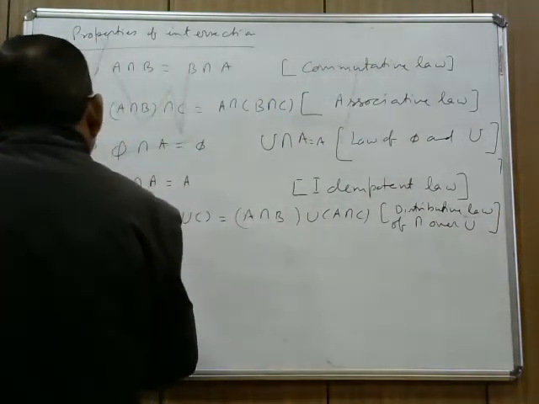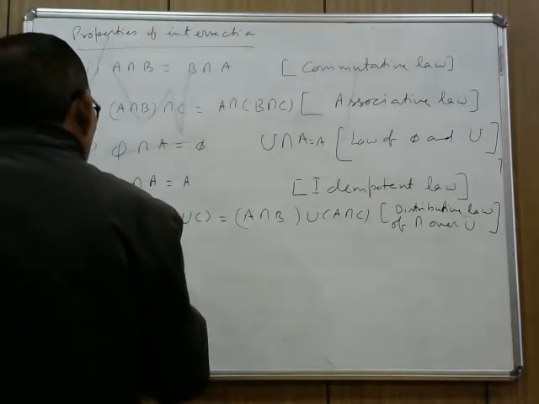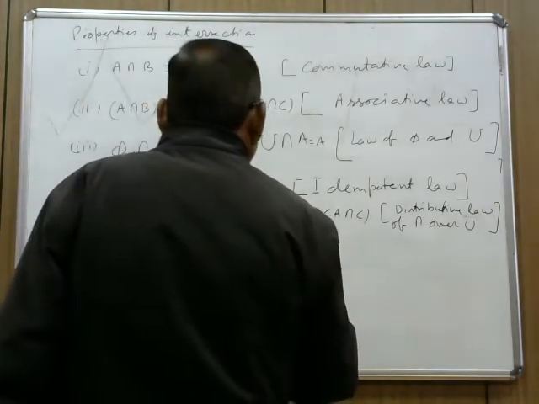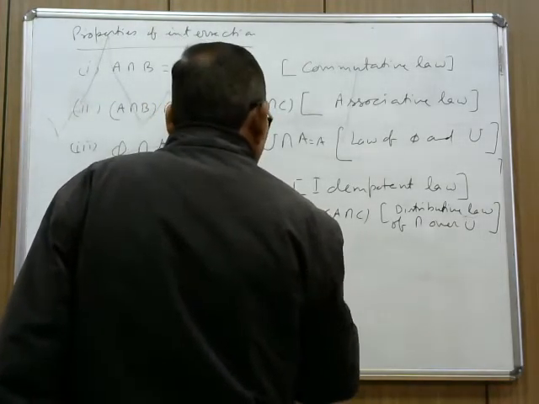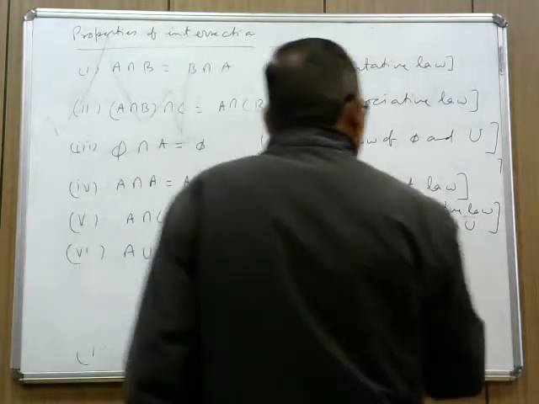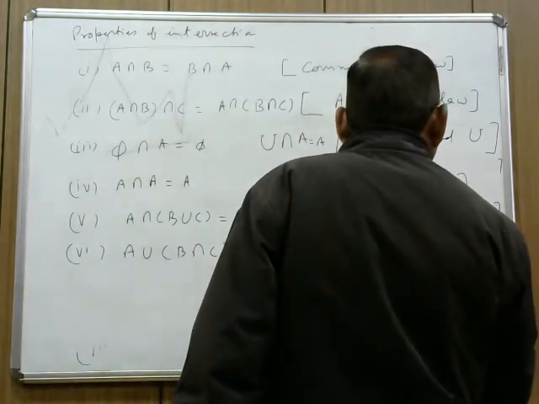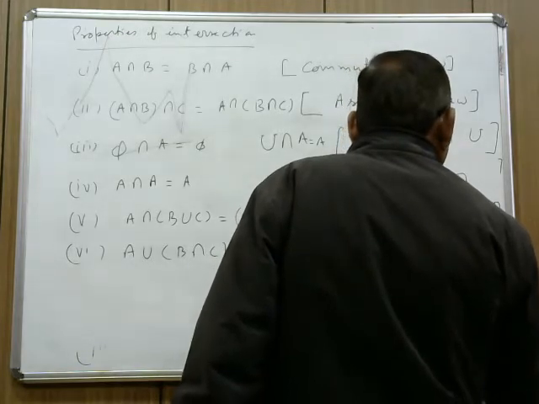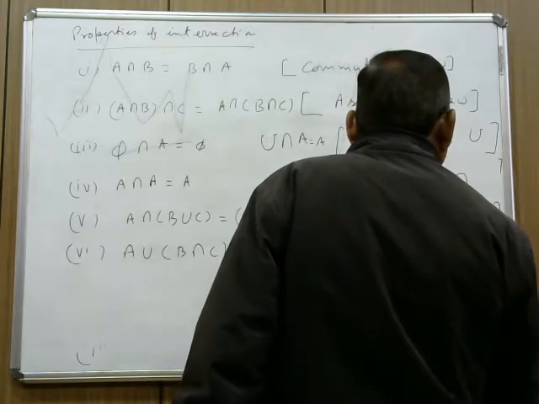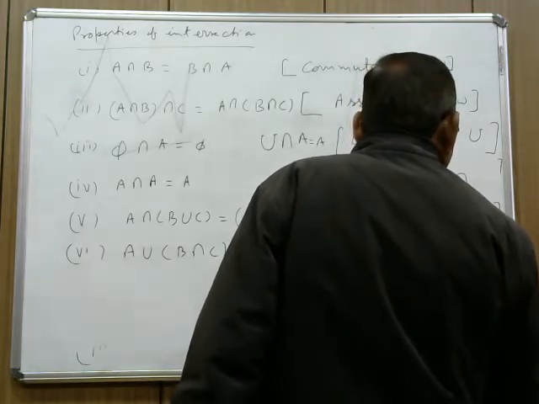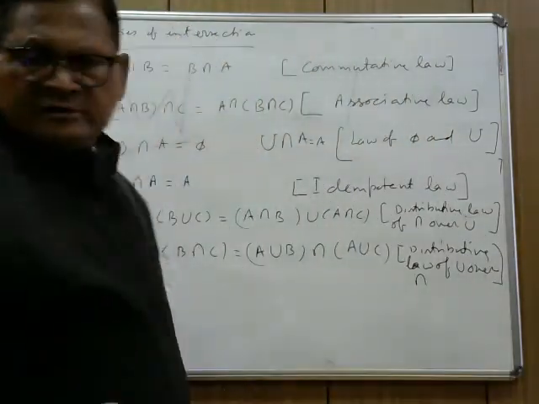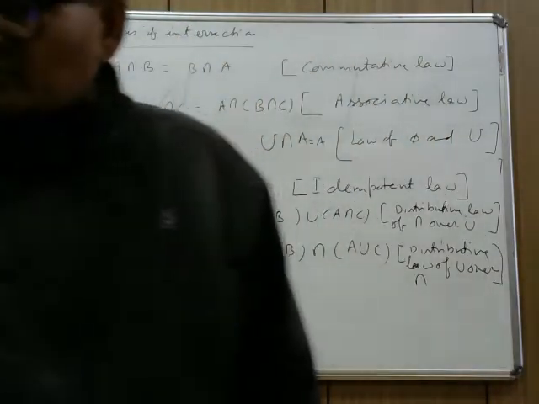Now sixth is again A union B intersection C, that is equal to A union B intersection A union C. This is distributive law of union over intersection. So these are the properties of intersection.